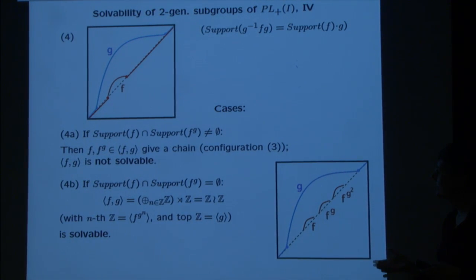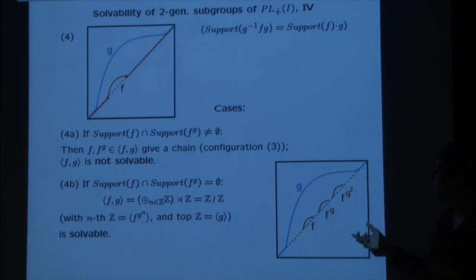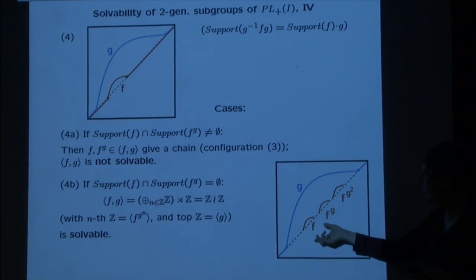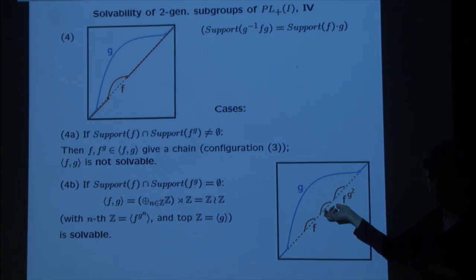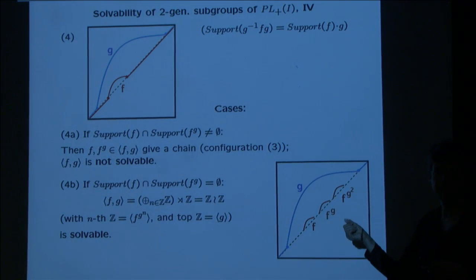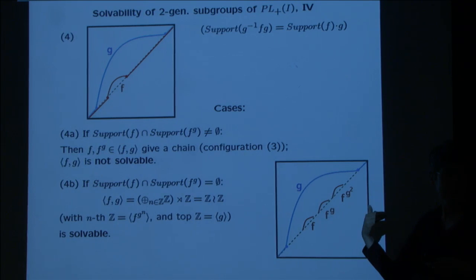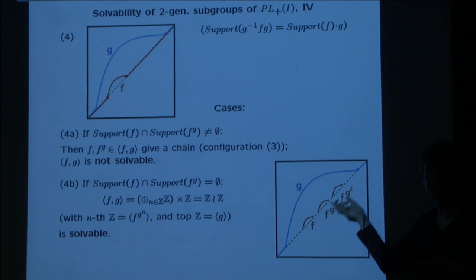Well, that's exactly the setup that you need to do Z wreath product Z. Each one of these guys is going to copy, so F and G conjugated, F conjugated by G and F conjugated by G inverse and so on. Each one of those is going to generate an integer subgroup. These subgroups all commute because their supports are all separate.